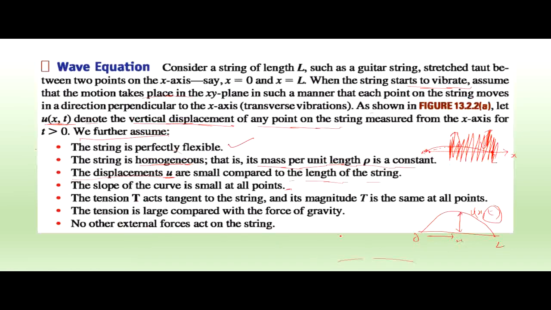The tension T at any point will be tangent to the curve. The tension is large compared to the force of gravity. No other external forces act on the string.